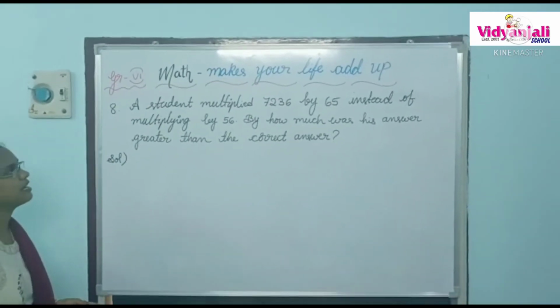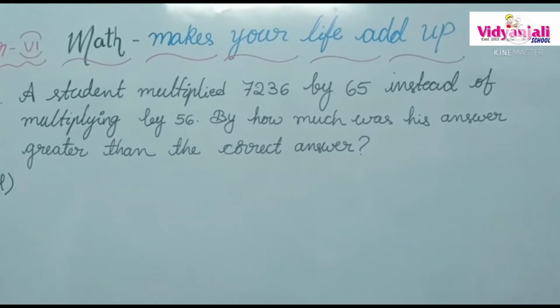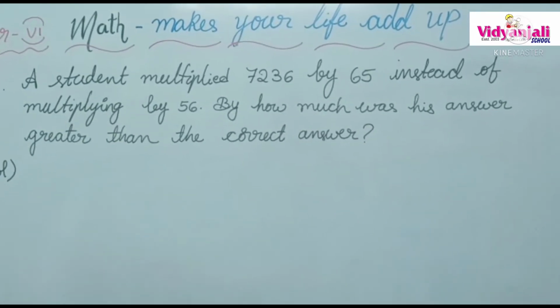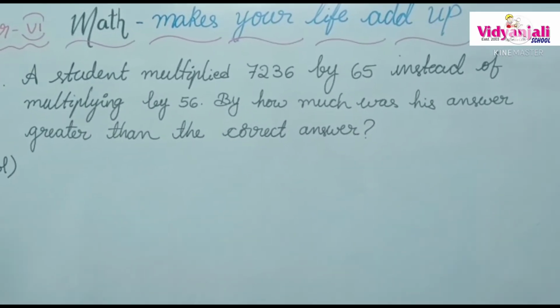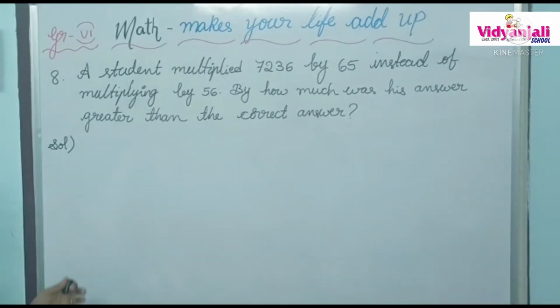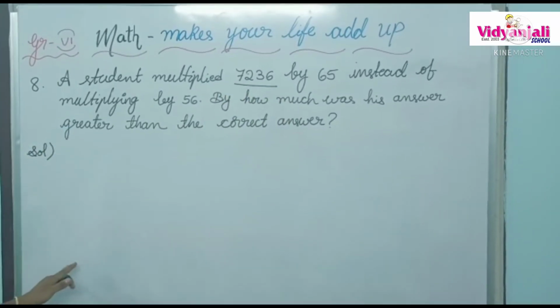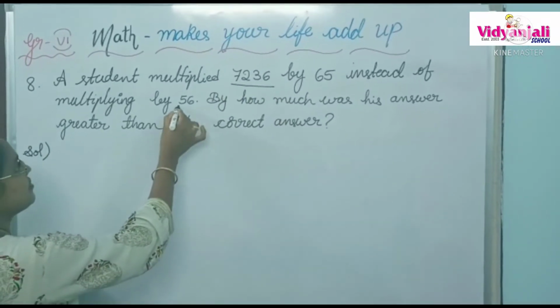A student multiplied 7,236 by 65 instead of multiplying by 56. So, by how much was his answer greater than the correct answer? Okay, children. See, actually here 7,236 needs to be multiplied with 56.